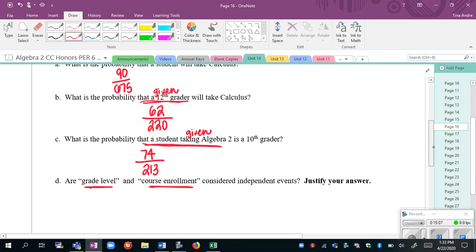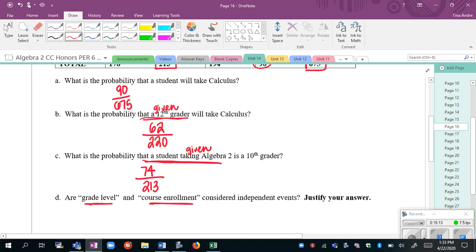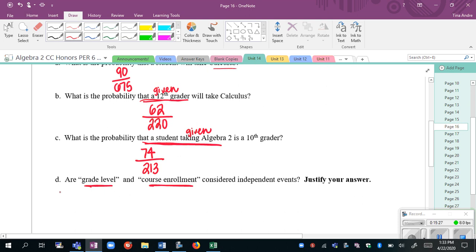let's do that. I'm going to use the conditional rule because if I look at what I already found, not that it's very difficult to find it if you haven't found it already, I know the probability of calculus and I know the conditional probability of calculus given 12th grader. So I'm going to use the conditional rule.